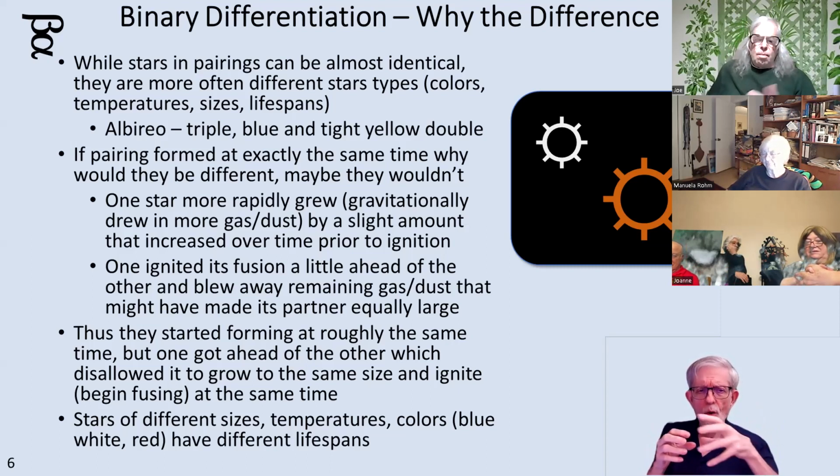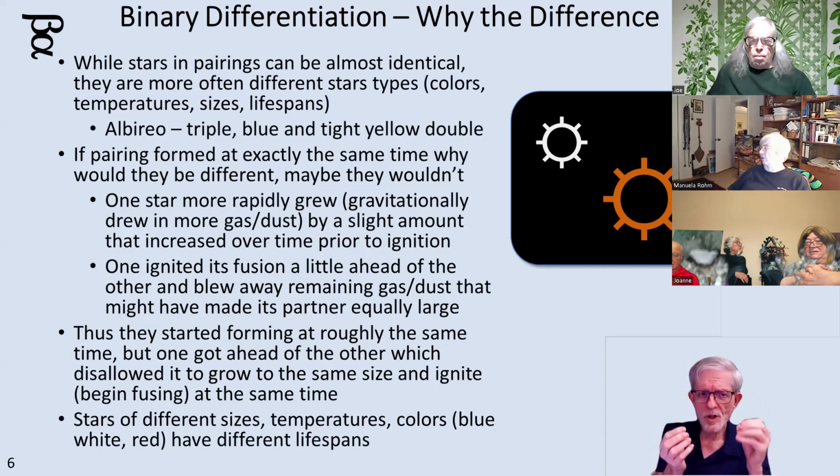It will actually rob remaining gas and dust because its gravity is greater than its sibling. And if it does that enough and it gets big enough to make fusion happen, it will switch on before its sibling does. And the switching on produces enough force to blow away the remaining gas and dust, and its sibling will never get any larger.